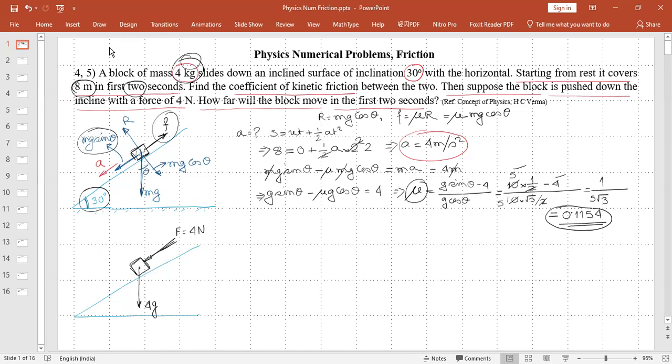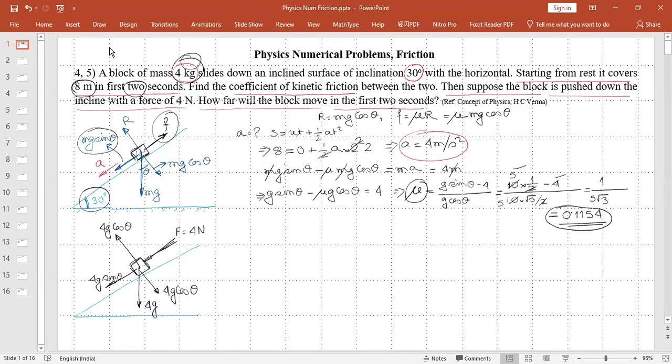The normal component of the gravitational force is 4g cos theta, and the component of the gravitational force parallel to the slope is 4g sin theta, and the reaction, of course, is the opposite force, equal to 4g cos theta.